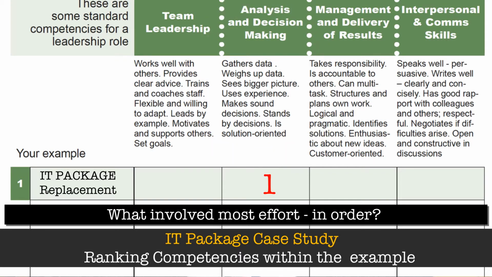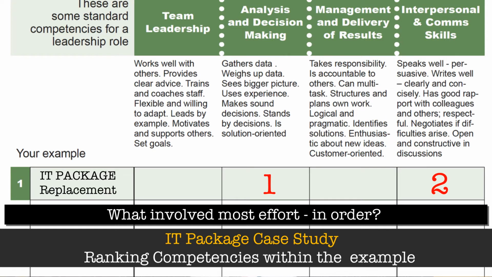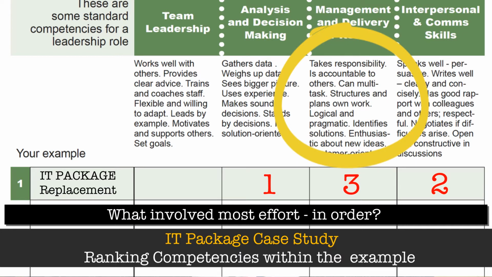But there was a huge amount of communication involved, because they had to write up the report, convince their boss, convince the board that made the original decision that they would have to reverse it or put a stay on it. So the third competency would be about achieving results, and that's pretty close to the first 2.